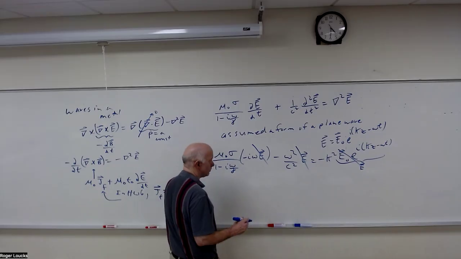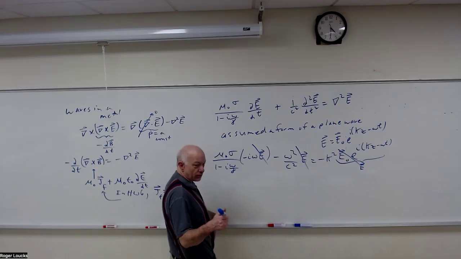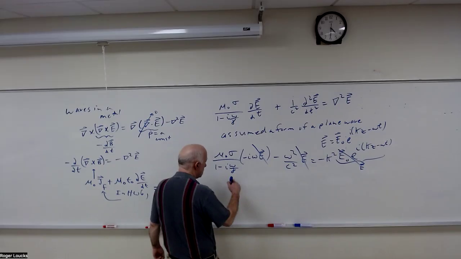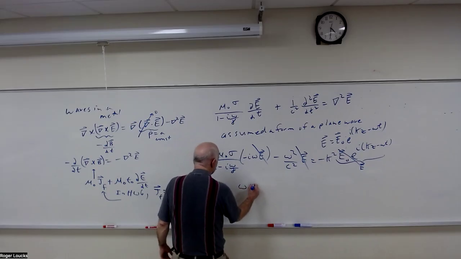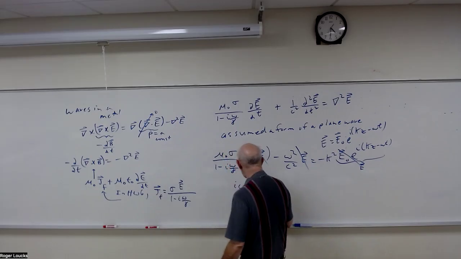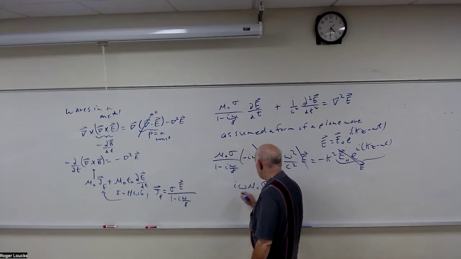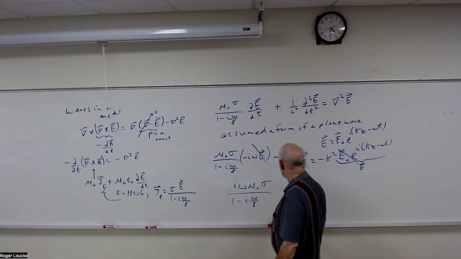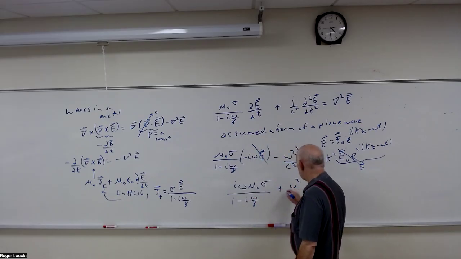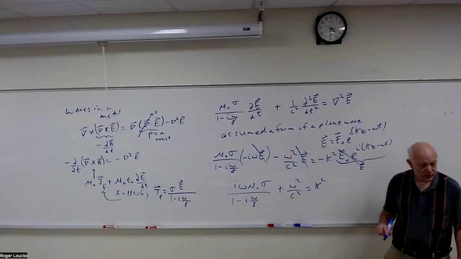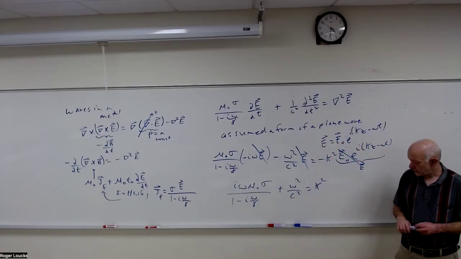I'm going to skip that stuff. So this gives us this omega here, I mu naught sigma over 1 minus I omega over gamma, plus omega squared over c squared. Does that make sense? Okay.